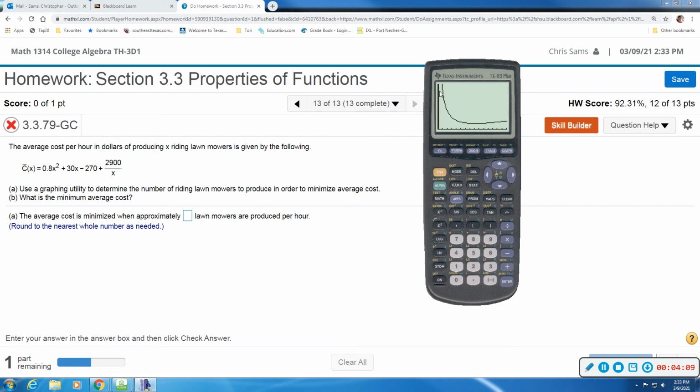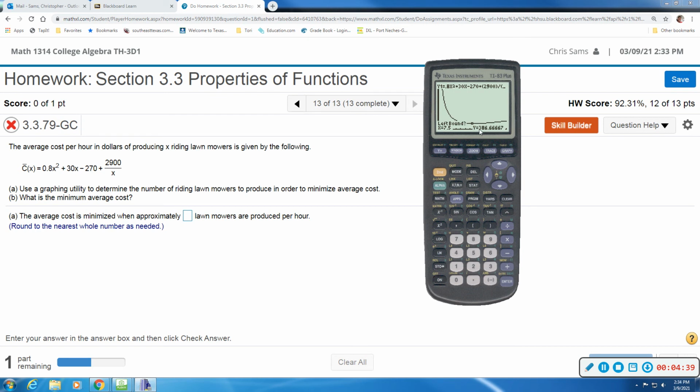We can kind of see this calculator has a little divot, so we've got a low point, and that's what we're looking for, the minimum. So to compute the minimum, we're going to do second trace, and then trace gives us access to calculate. So we're going to calculate option number 3, the minimum. And now it says left bound. So right now, I don't know if I'm left of the minimum, so I want to arrow my cursor over here somewhere.